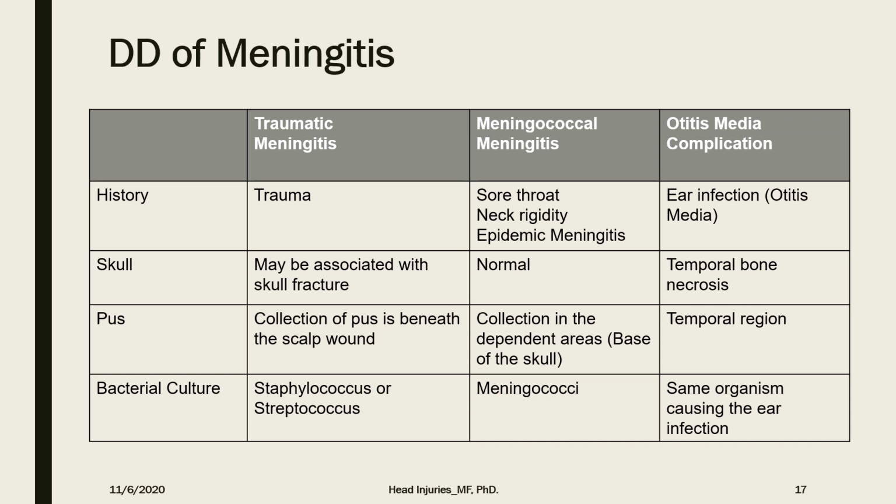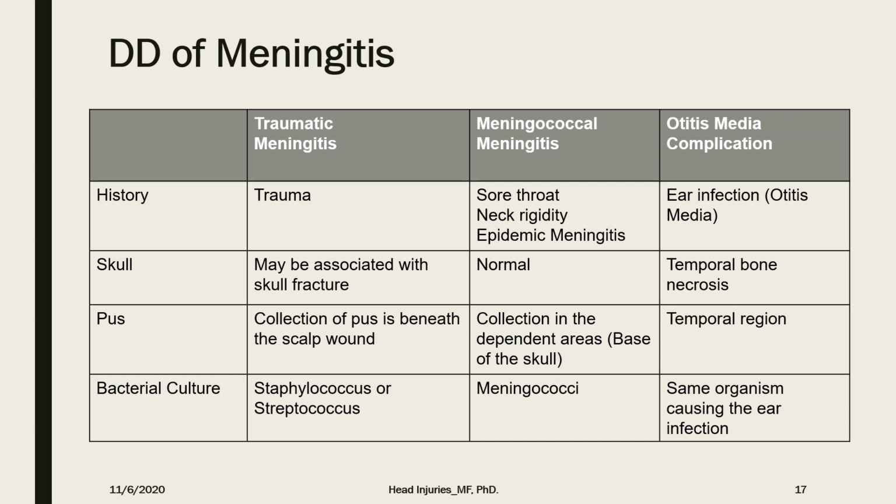If there is a pus collection, it is beneath the scalp wound, very close to the site of injury. And if we use bacterial culture for diagnosis, we will find staphylococcus or streptococcus as common organisms for this kind of infection.